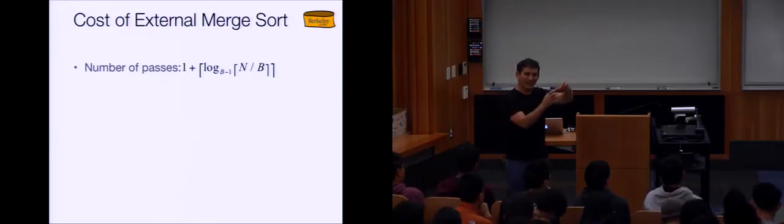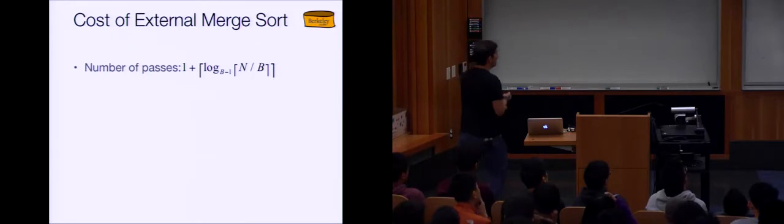So log base B minus 1 of n over B, because pass 0 already generated only n over B runs to be merged. So we got a head start where we only have n over B runs to build that tree out of. Make sense?